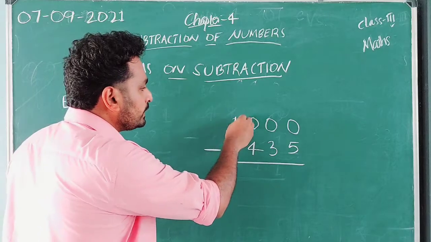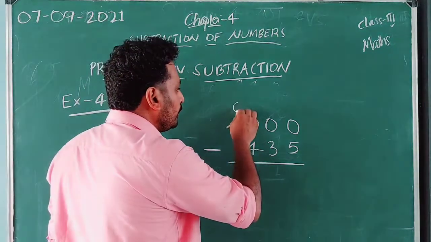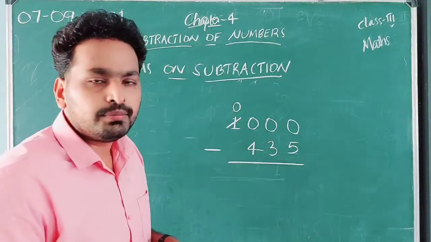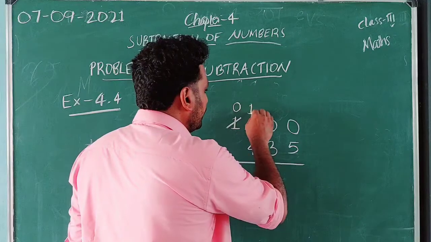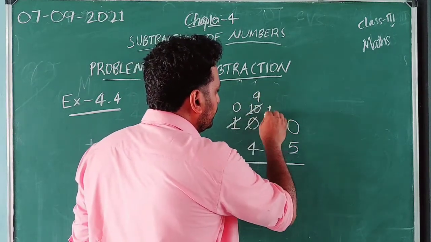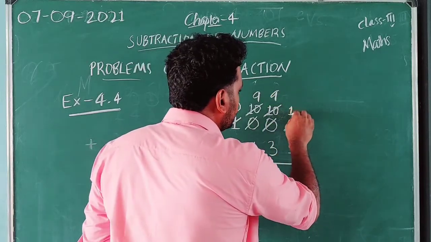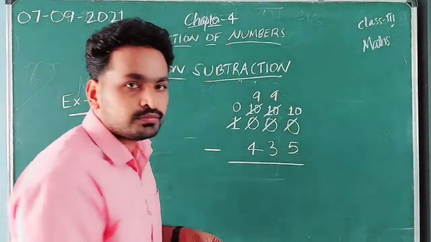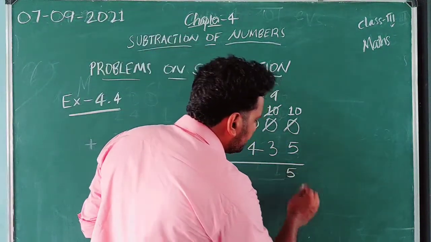So let us cut and take 1 from this number. So 1 minus 1, then you will get 0. 10. Again cut and take 1. Again cut and take 1. So this number is 10 now. Got it? 10 minus 5 is 5.